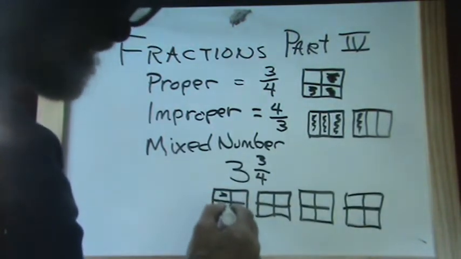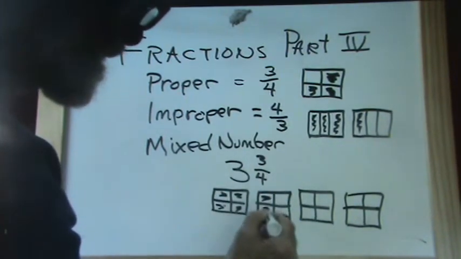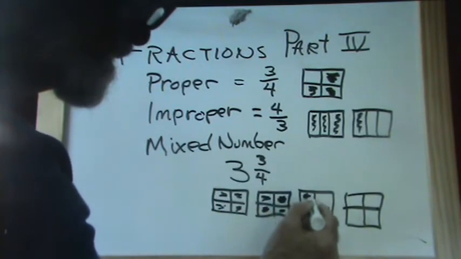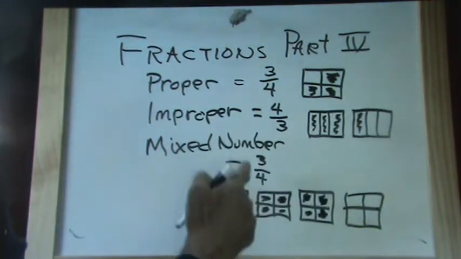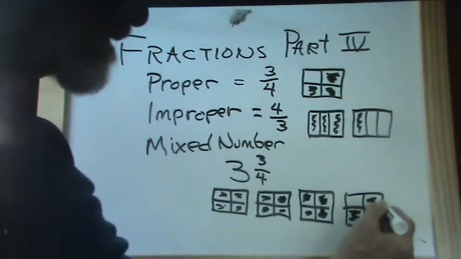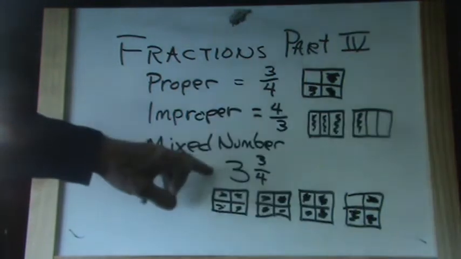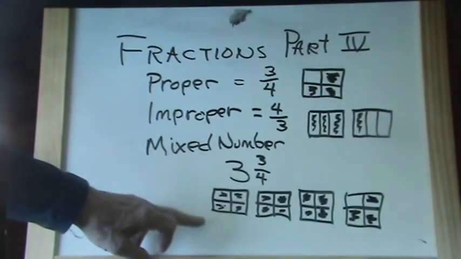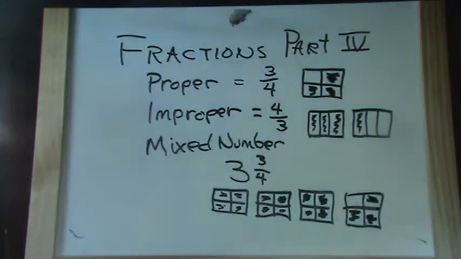So I have 3 wholes. So 1, 2, 3. And then I have 3/4. So obviously mixed numbers are always greater than 1 whole. So those are the 3 types of fractions.